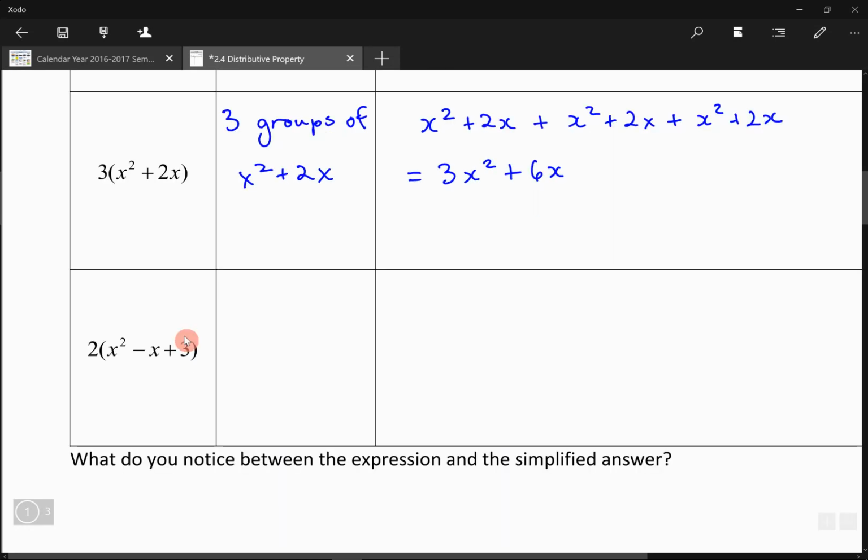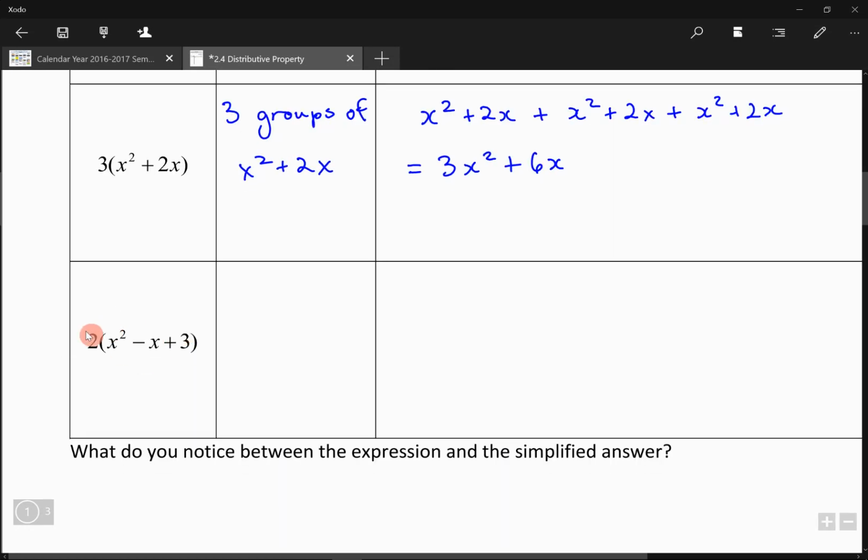Okay, so you might be able to get the final answer for this right away, but let's just go through it one more time here. So we have 2 groups of x squared minus x plus 3. If I write that as an addition, I would have x squared minus x plus 3 plus x squared minus x plus 3. Collect your like terms.